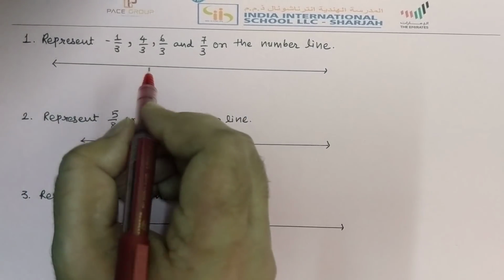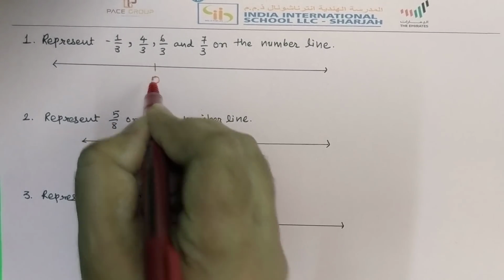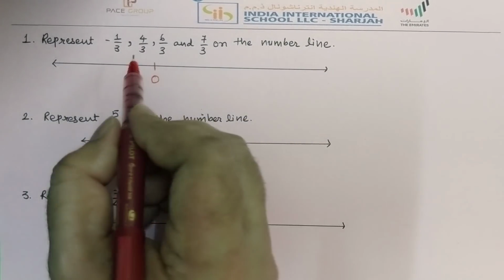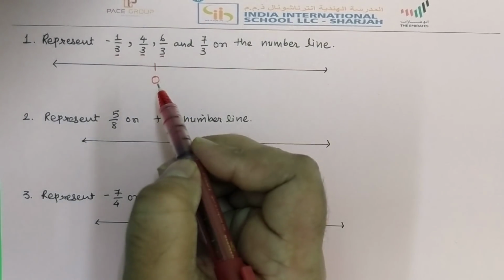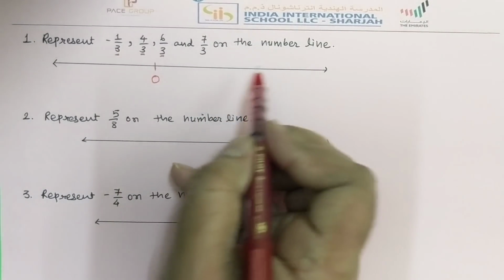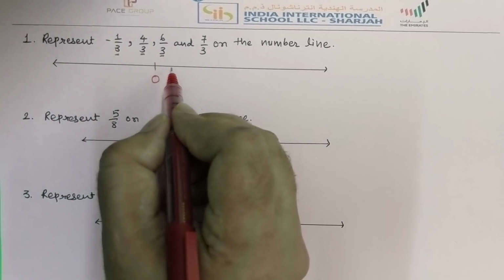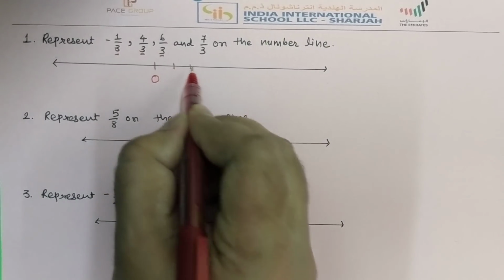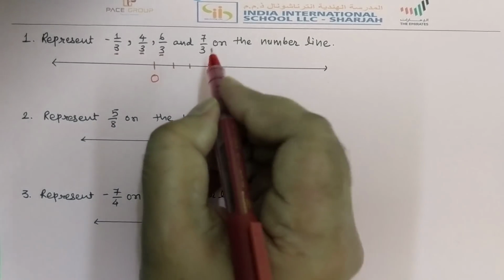First of all, we will write 0. Then, since we have 3 in the denominator, we have to divide all the parts into 3 equal parts. So I take the first part, second part and third part, and I'll write 1 over here.